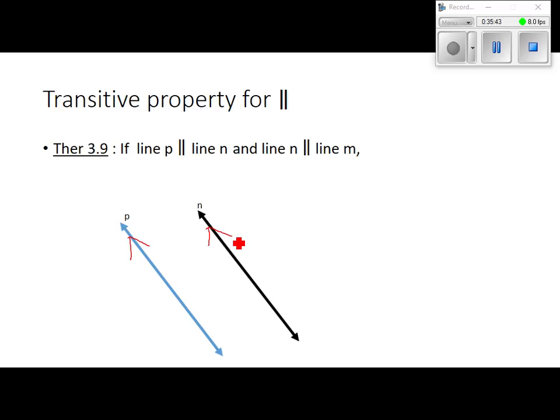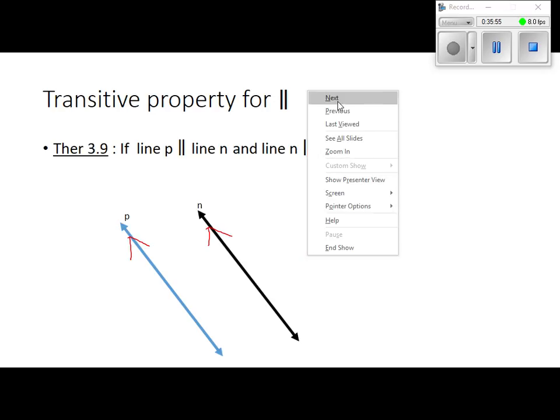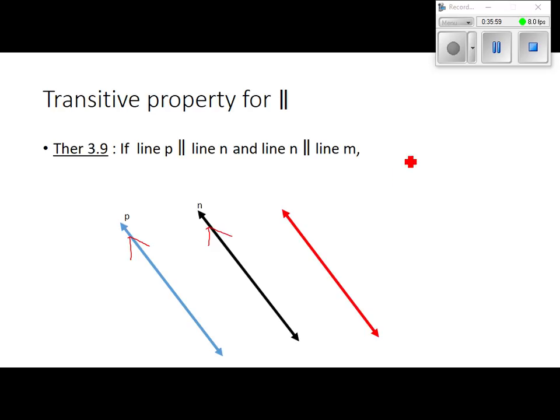Those two lines are parallel, and we put another line in there that's parallel to N. Draw the picture. Are they all parallel? Parallel. They're all parallel, good. So if we put another line in there, and that's line M, then we know that line P has to be parallel to line M.